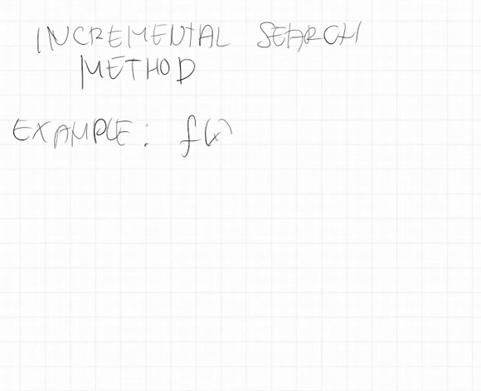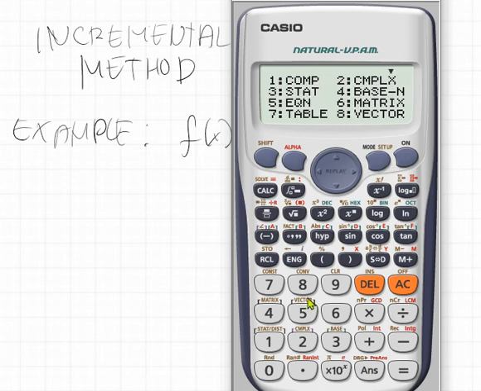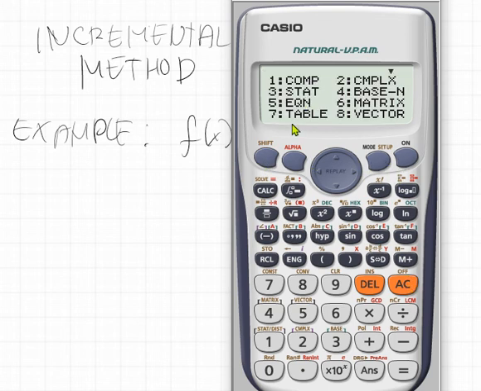F of x equals x cubed minus 0.3, and it should be equal to 0. Using a calculator, let's reset this one. You click shift mode, just mode. Then there's a table, number 7.